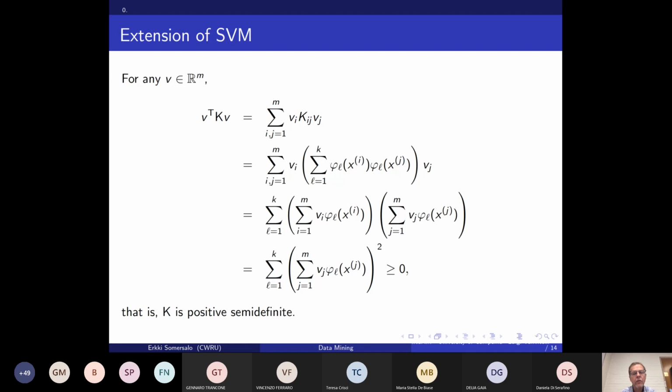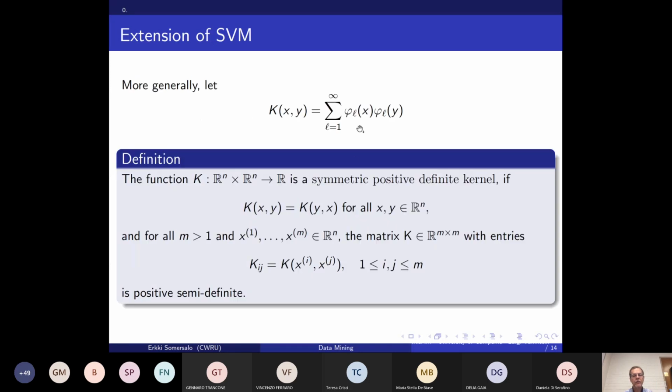But I can always weigh my feature vectors in such a way that I guarantee that the infinite sum is finite. And actually I have to do that weighing already when I'm defining this kernel function, because for the kernel function to be well defined, I of course want it to have finite values. So my feature functions are scaled in such a way that my k is convergent.